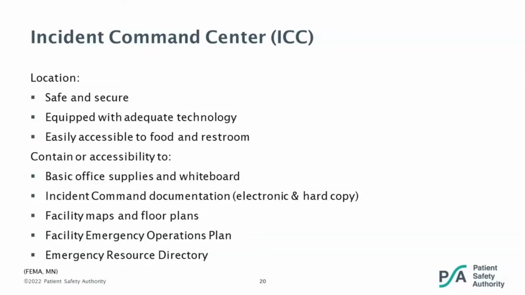And it should also contain an emergency resource directory that includes important information such as contact information for staff, suppliers, and your emergency response and community response agencies. To have it all readily at hand so someone does not have to go looking for it.